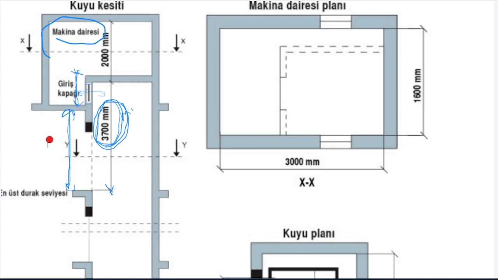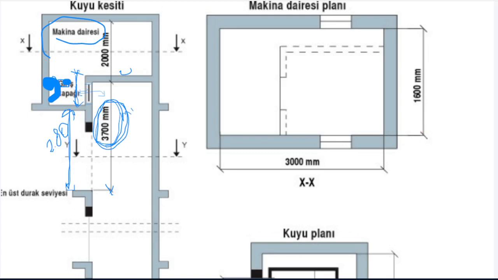So if this one is 2.80, this one should be how much? 90 centimeters. I hope you understood this issue, that it should be 90. Yes? It must be 1 meter or acceptable 90.